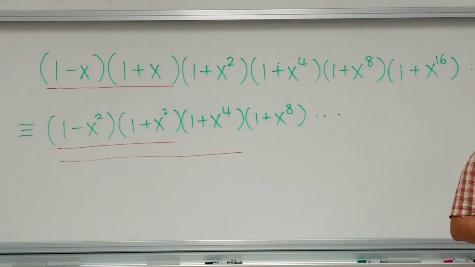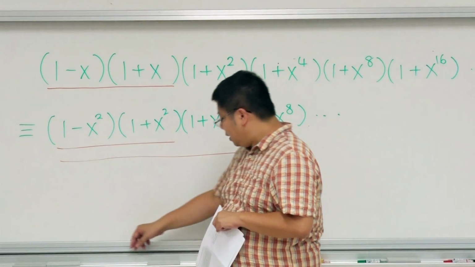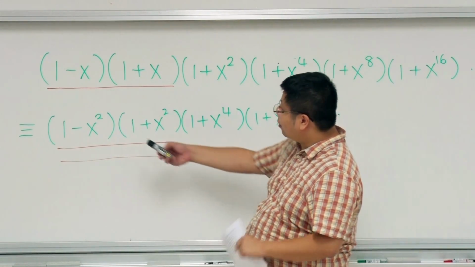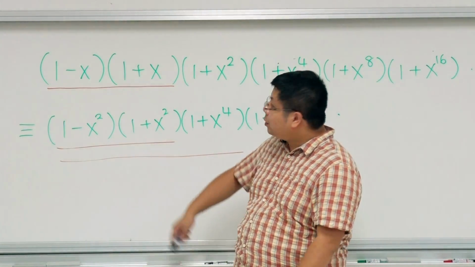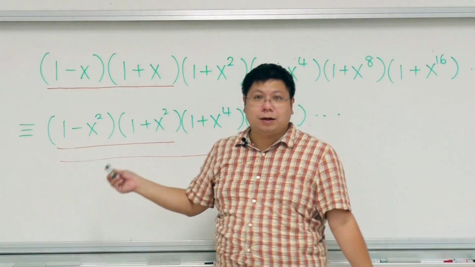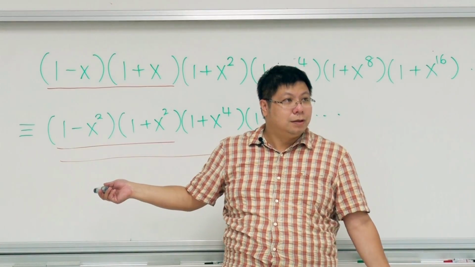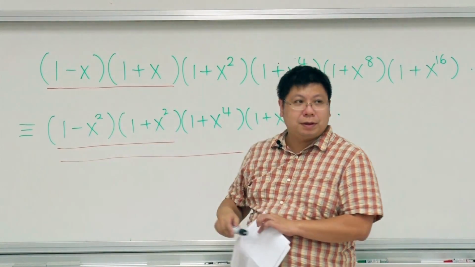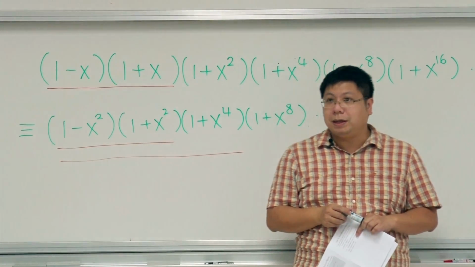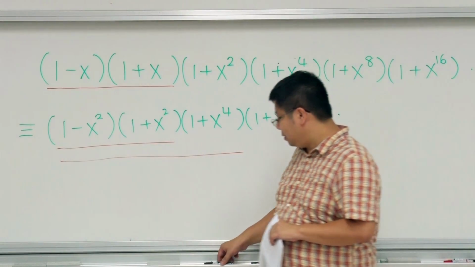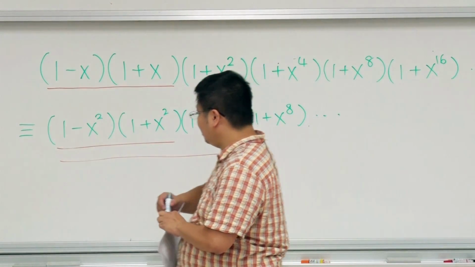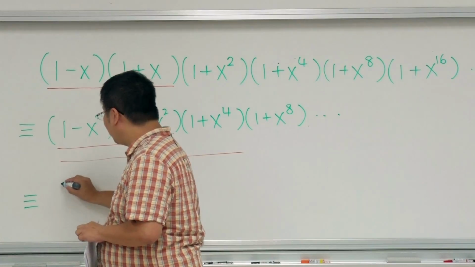Okay, and then what will happen if you just stop here? Let's take a look at the constant term of the whole thing. If we multiply them together, the constant term will be equal to 1. Am I correct? So it will be equal to 1.